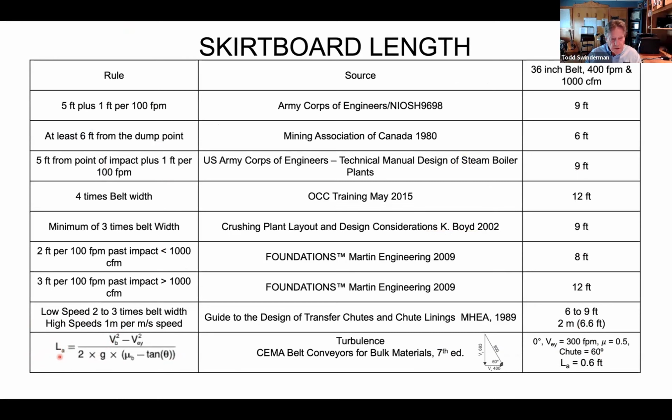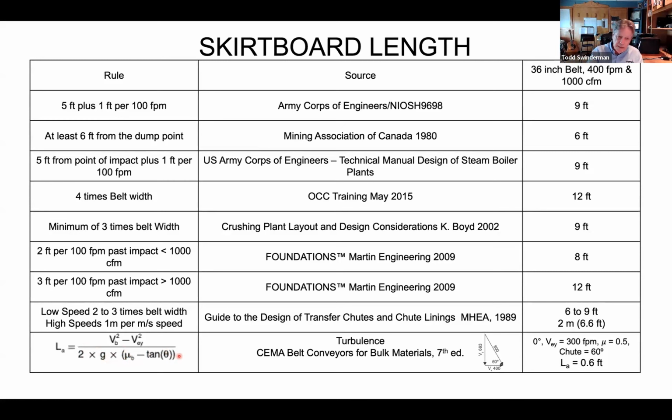So this is just the length of conveyor necessary to bring that material up to belt speed. So what we've got is the velocity of the belt minus the vertical velocity coming right out of the chute, divided by gravity times the coefficient of friction of the material on the belt, minus the tangent of the slope of your conveyor.